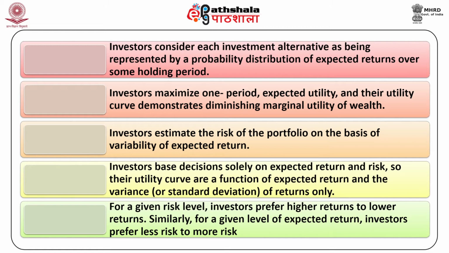Investors estimate the risk of the portfolio on the basis of the variability of the expected return. Investors base decisions solely on expected return and risk, so their utility function is a function of expected return and the variance or standard deviation of return. For a given risk level, investors prefer higher return to lower return, and similarly for a given level of expected return, investors prefer lesser risk to more risk.